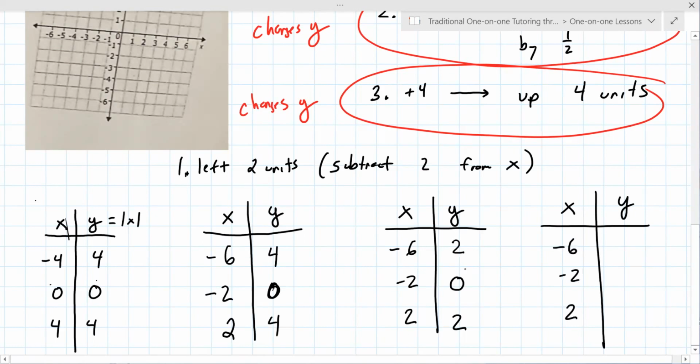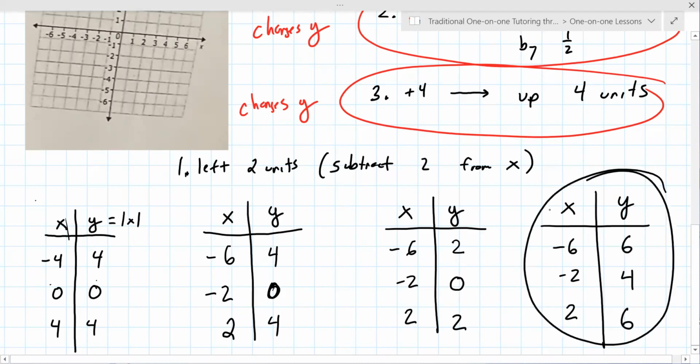But the second column, when we're going up 4 units, we're going to add 4 to each y value. So 2 plus 4 is 6. 0 plus 4 is 4. 2 plus 4 is 6. So this last one is what we're going to graph. These are the points we're going to graph.